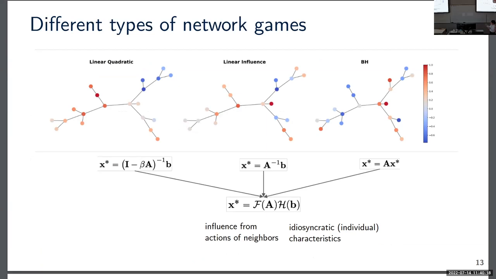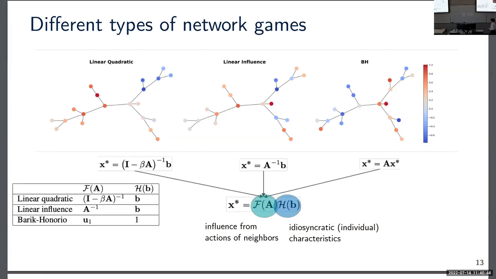So we write down the equilibrium action of these three games, ranging from linear-quadratic, linear influence, to BH, which is short for the Barik Honorio game. So you will see that it can be summarized as a function of the adjacency matrix and a function of the idiosyncratic characteristics. And they have different functional forms.